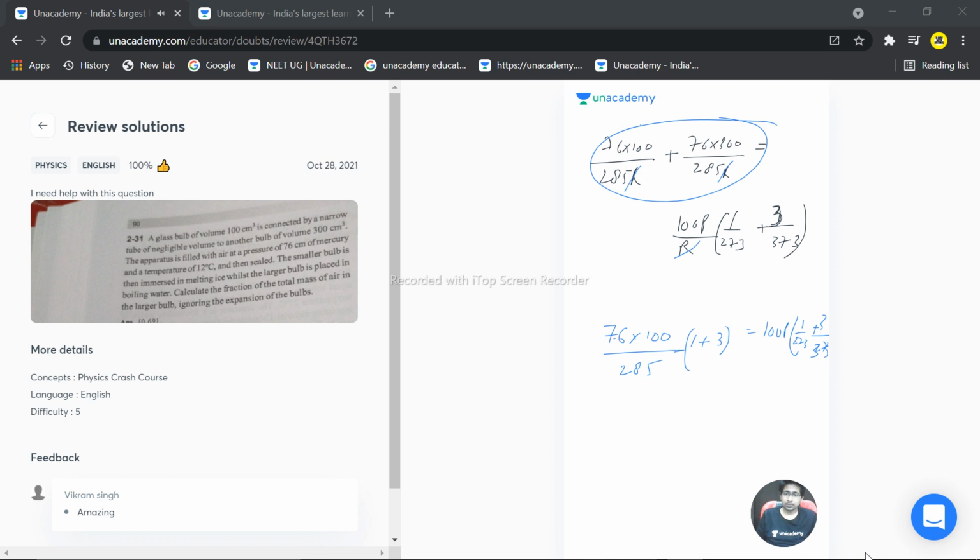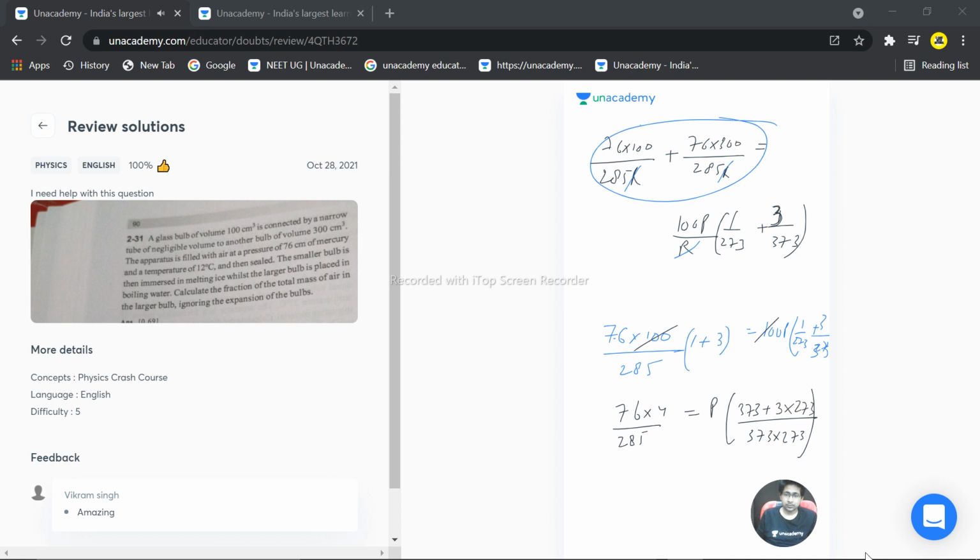So 100 cancels out, and the pressure is what we need to calculate. 285 times 4 is equal to P multiplied by the expression 373 plus 3 into 273 over 373 into 273.